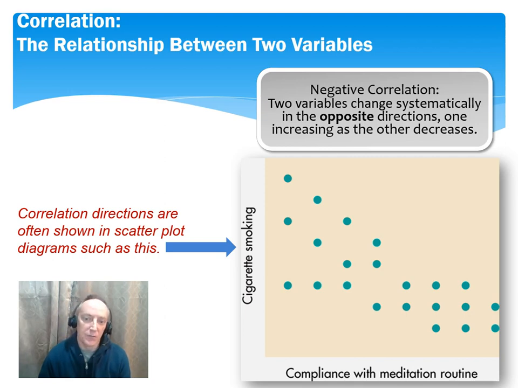The more cigarettes you smoke, we can predict that you're going to have lower compliance with meditation. There's a negative correlation with vaccination and illness. So the more vaccinations you have, the fewer instances of illness you have. That is a negative correlation.